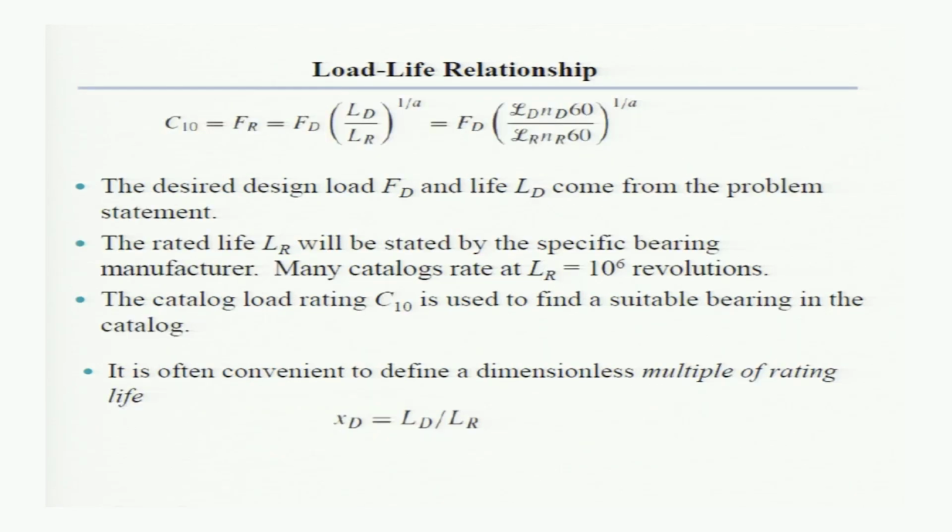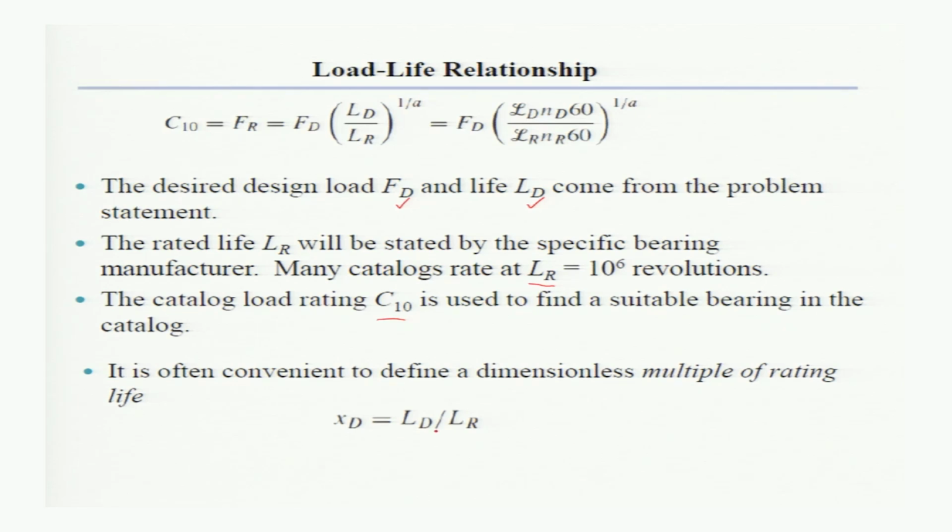The desired design load FD and the life LD come from the problem statement, and the rated life LR will be stated by the specific bearing manufacturer. Many catalogs rate the rated life as 10 to the power 6 revolutions. The catalog load rating C10 is used to find a suitable bearing in the catalog.